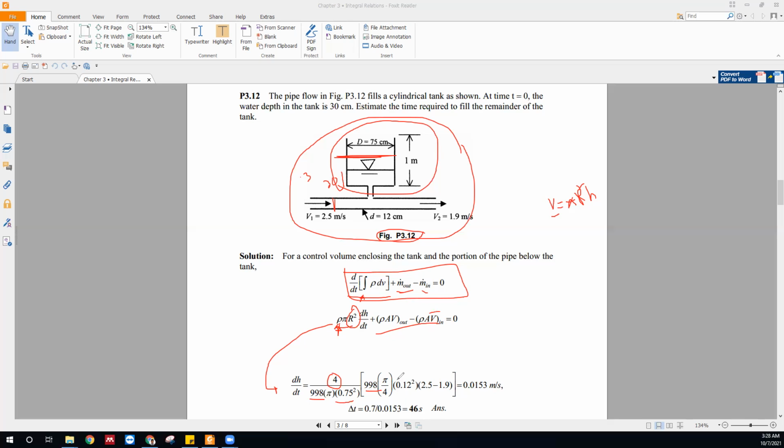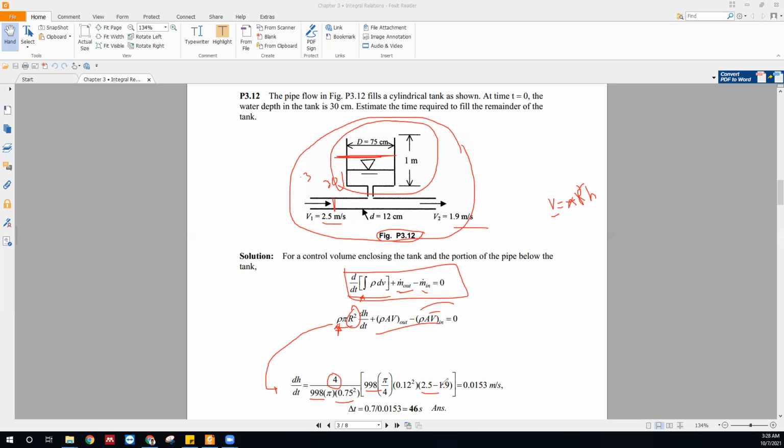Here the diameter is given as 12 centimeters, so 0.12 square divided by 4 multiplied by V out minus V in. If we take it to the right side, it should be V in minus V out, so V in equals 2.5 minus V out equals 1.9.